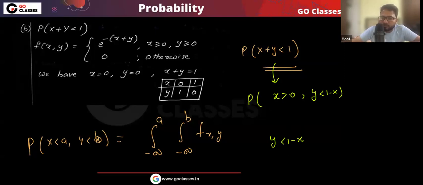So you can say that y range, okay, if you want to find out the probability of this, then there will be two integrations. Y range will be greater than 0, but till 1 minus x only. Okay, x range is 0 to, see, x cannot also vary to infinity, because x plus y has to be less than 1.